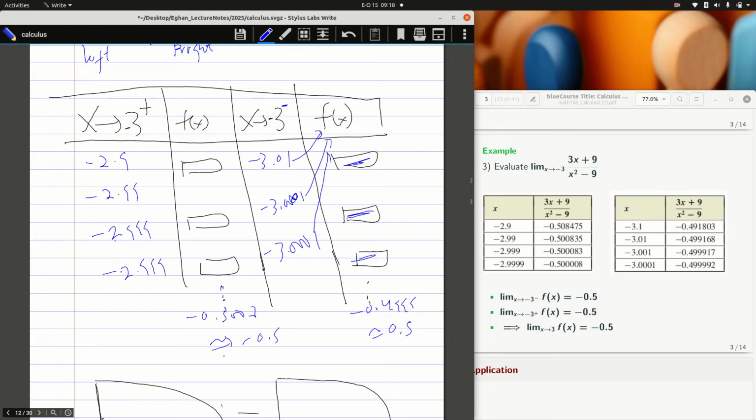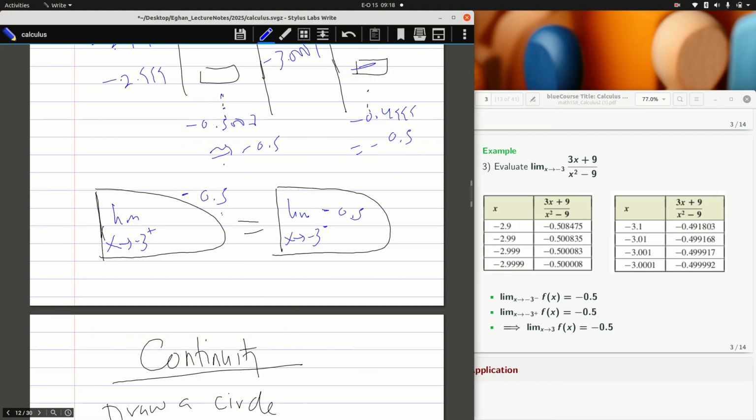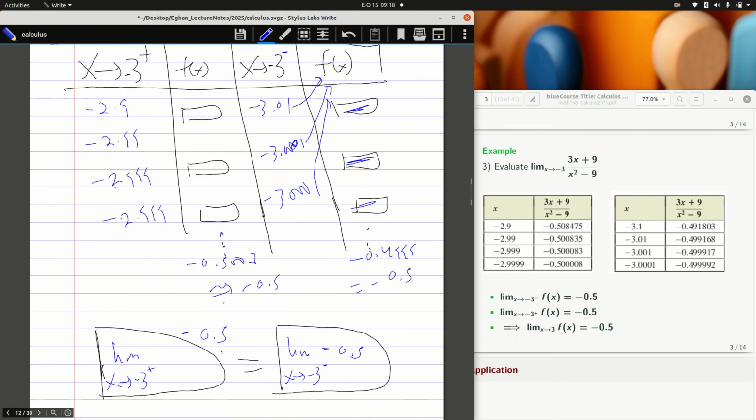And so that is how the tabulation is done. I hope that wasn't difficult. So at the end of the day, the limit as x approaches negative 3 from the right side is almost negative 0.5, and the limit as x approaches negative 3 from the left side is also negative 0.5, and hence they are equal, and that is your limit, and that confirms our initial answer.